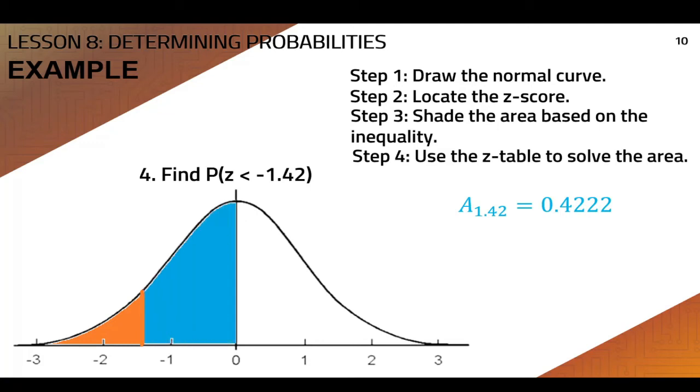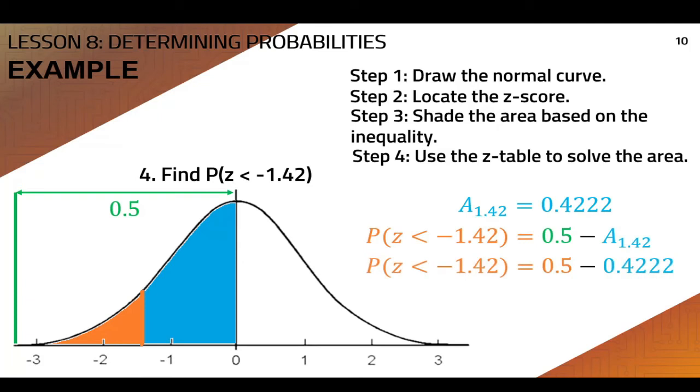Ayun yung area ng 0.4222. Kaya lang, ang kailangan natin ay ito. Para malaman natin yung area na to, ibabawas natin sa 0.5. Ayan, very good. And by doing so, anong makukuha natin? The probability that z is less than negative 1.42 is equal to 0.0778. Ayan. Kuha ba?